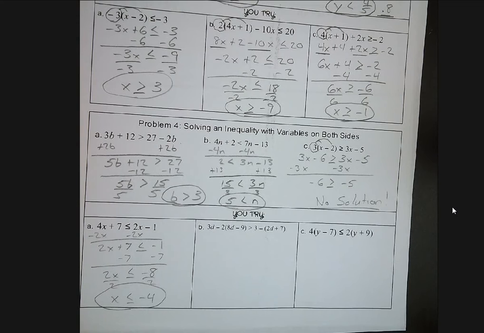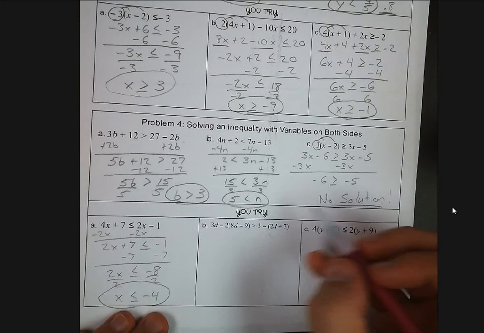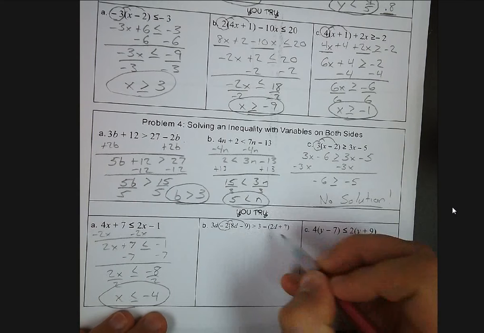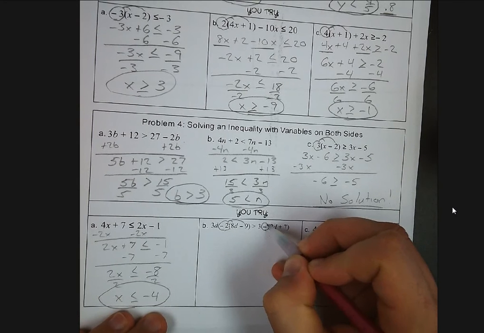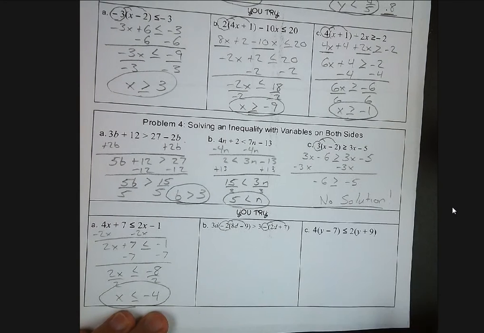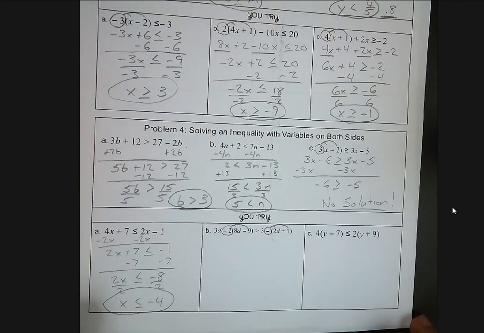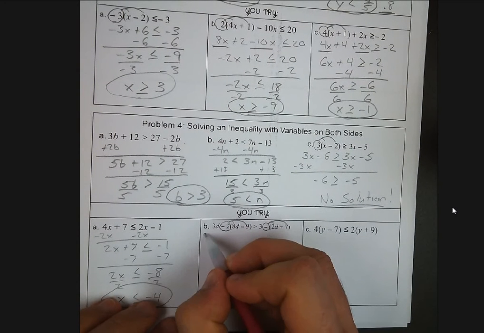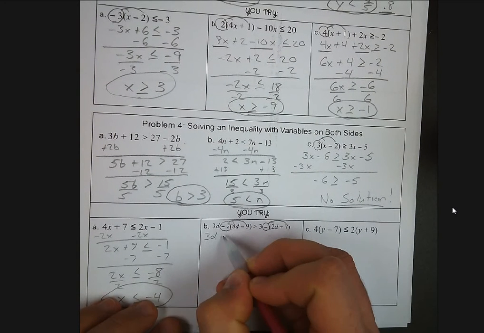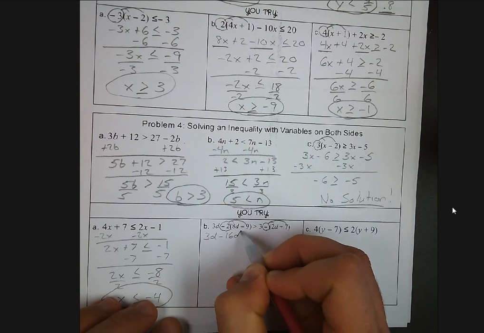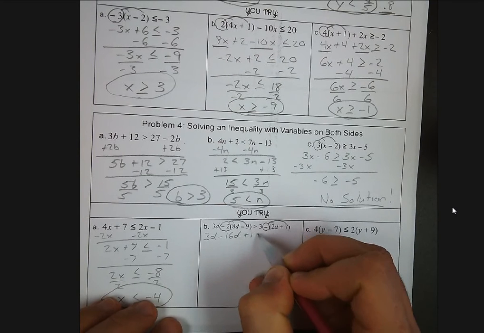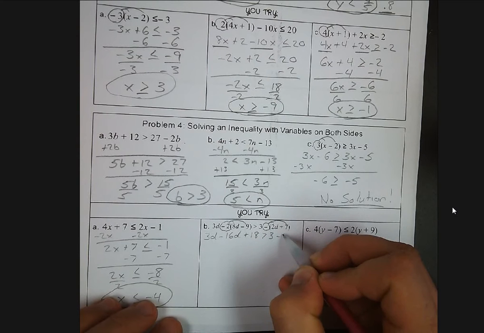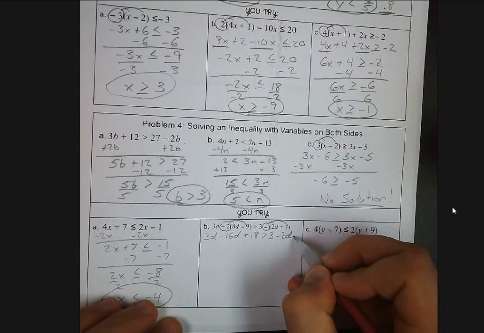All right, letter B, we've got a whole bunch of distribution that we've got to do. I was very mean with this problem. So negative 2 times 8d, negative 2 times negative 9, and we need to distribute that negative sign on the right. So let's just start first step first. 3d minus 16d plus 18 is going to be greater than 3 minus 2d plus, or minus 7.